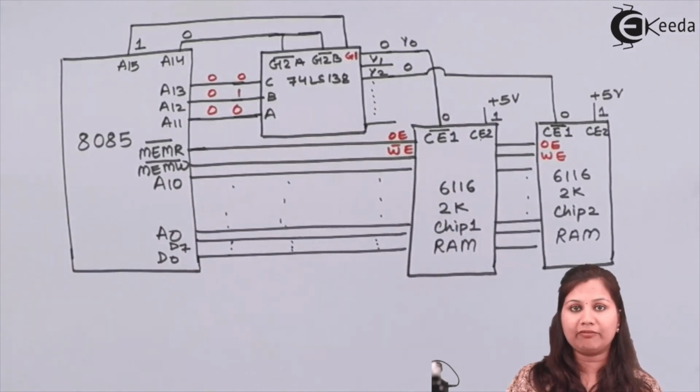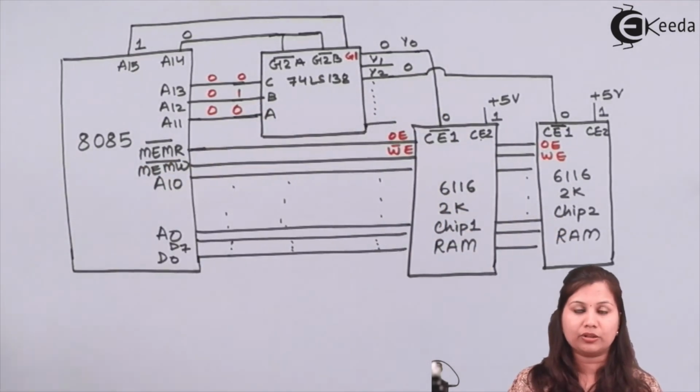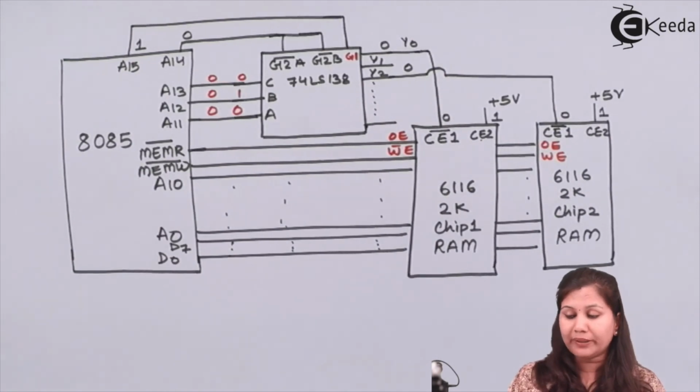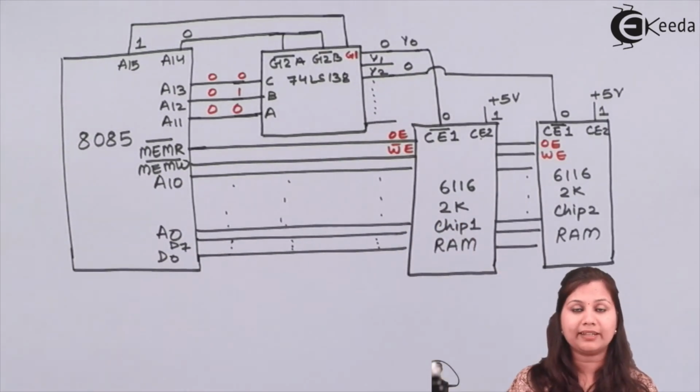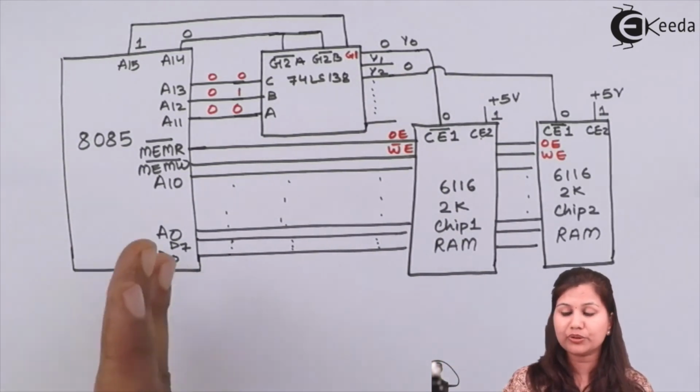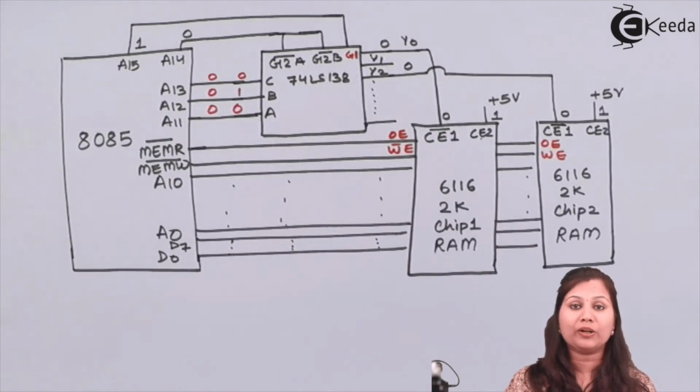If it is given that we have to use a NAND gate or any other logic gate, our logic will change accordingly. So in this problem, we have interfaced two memory chips, 6116 ICs, which have a memory size of 2 kilobytes and are RAM chips, with the 8085 microprocessor using the 74LS138 decoder. I hope this problem is clear to you. Thank you.